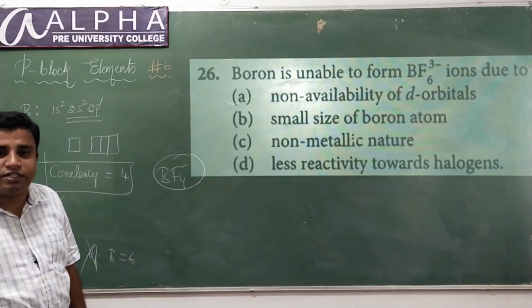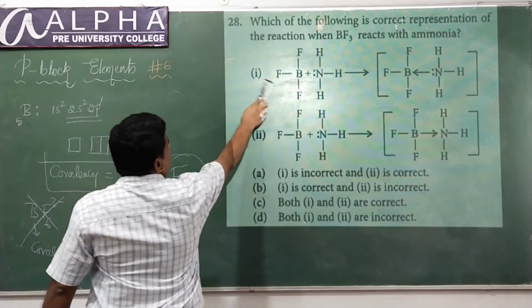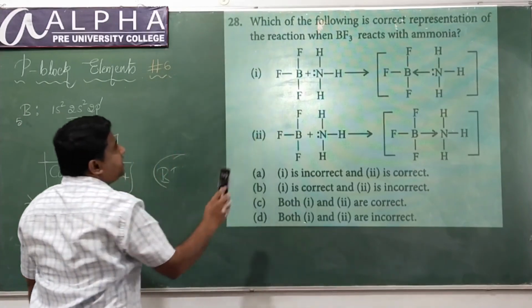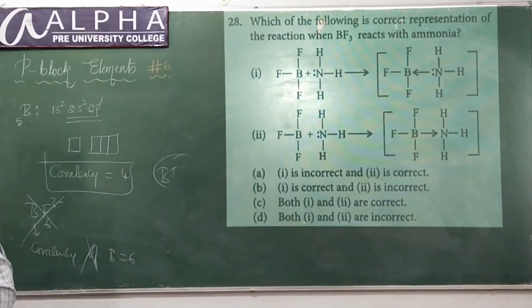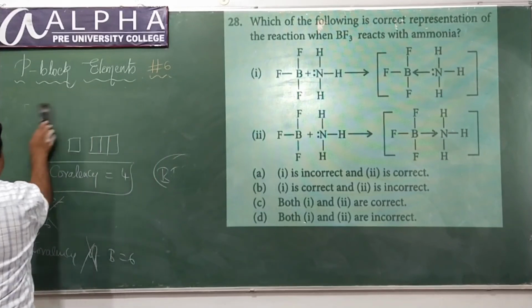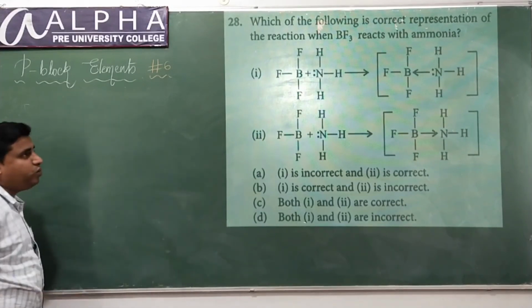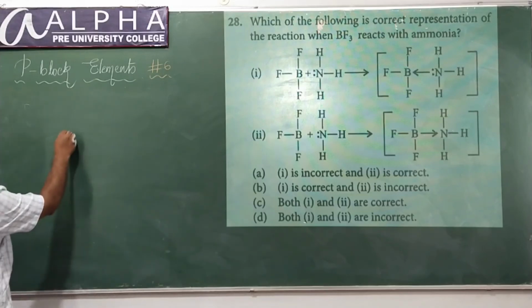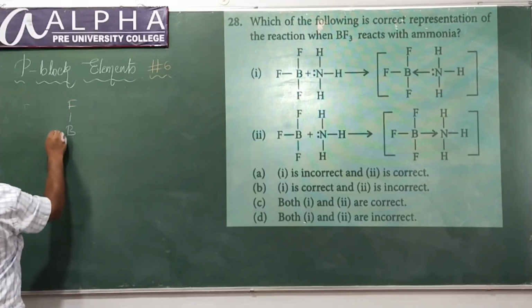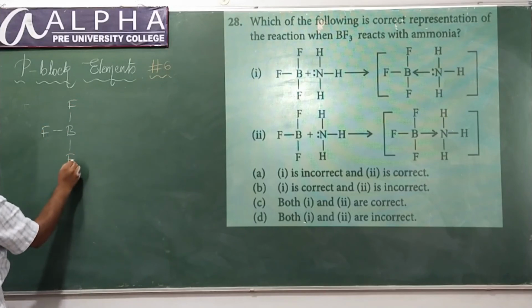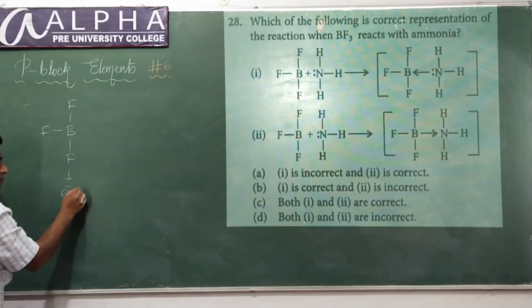Okay, so the last question. Which of the following is a correct representation of the reaction when boron trifluoride reacts with ammonia? Now he is talking about the reaction between boron trifluoride and ammonia. We know boron trifluoride, BF3, is electron deficient, isn't it?